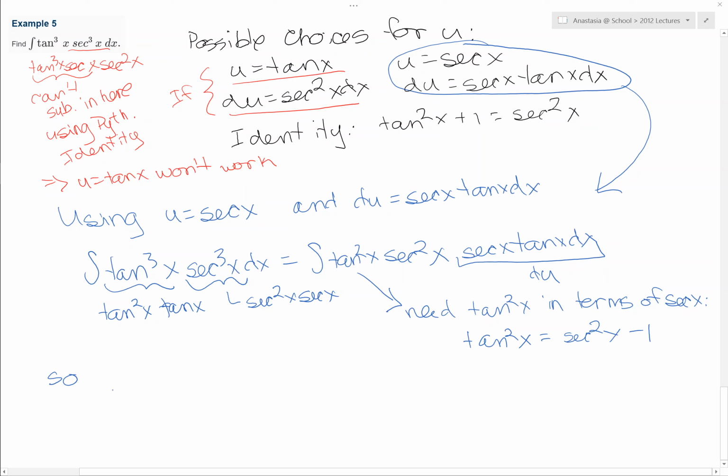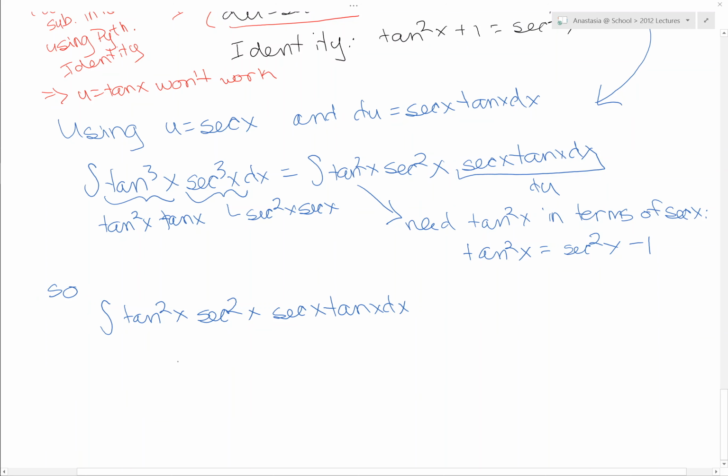Okay, so then our integral of tangent squared x secant squared x times secant x tangent x dx will equal the integral of secant squared x minus 1 times secant squared x times secant x tangent x dx.